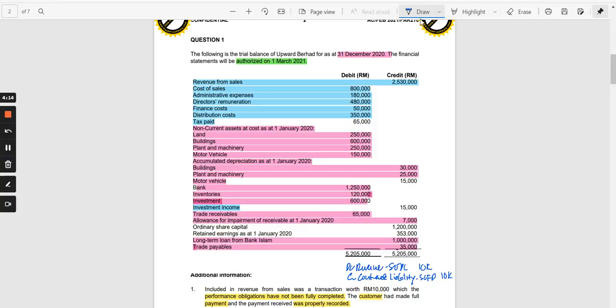Apart from that, you have items that you need to include in the statement of changes in equity. These are the items, share capital and the retained earnings. Okay, you are done with that.